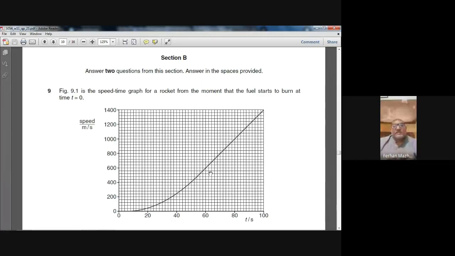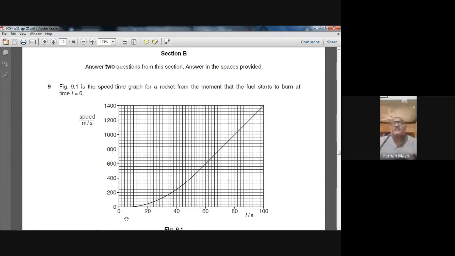When the speed-time graph is a curve, the acceleration is not uniform, and when it is a straight line with a constant gradient, the acceleration is uniform. At the start the graph is flat, horizontal, from 0 to 5 or 8 seconds, and when the graph is flat, the acceleration value is 0. These are the things you should know before going into the question.